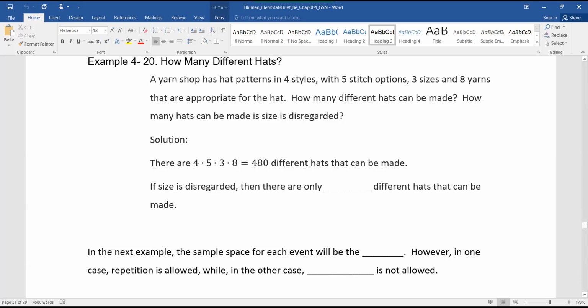How many different hats can be made? In size is disregarded. So again, all you're going to do is take each option: 4 styles, 5 stitch options, 3 sizes, and 8 yarns. You multiply them together, and you end up getting your total number of options.